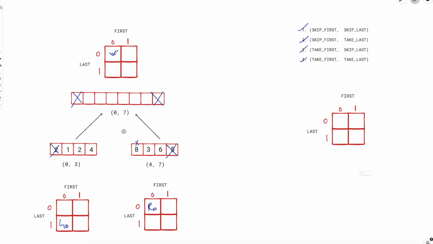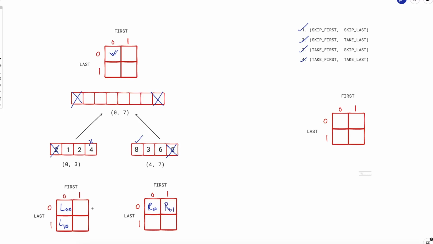Another possible candidate is where you say, I will not take this but will take this. In other words, you don't take first and last from the left part, which is L00, and you take first and skip last from the right part, which is R01.